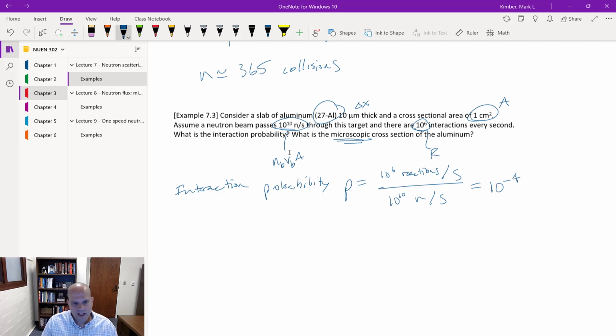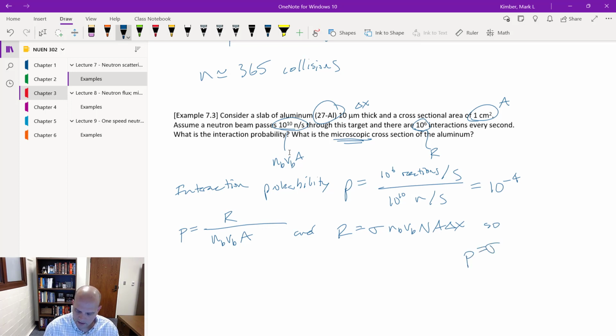So I could define that then as my reaction rate, that was 10 to the 6th, divided by 10 to the 10th, which is going to be N_B v_B A. And we also know that R is going to be sigma N_B v_B N A delta X. So my probability could be expressed as sigma N delta X. If I know this cross-section we've been talking about, sigma, N is the number density of the atoms, so I can figure that out.